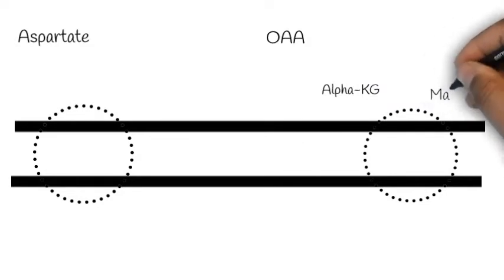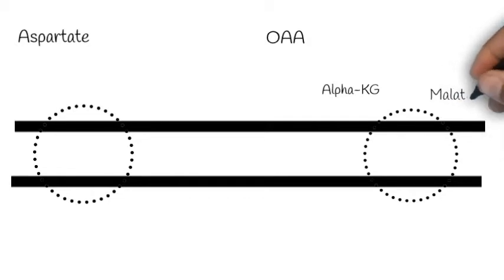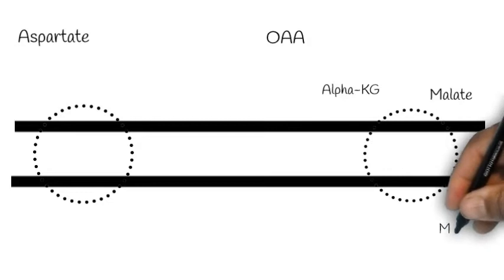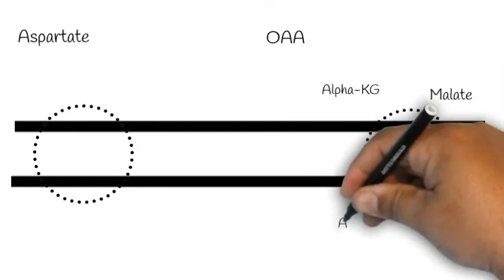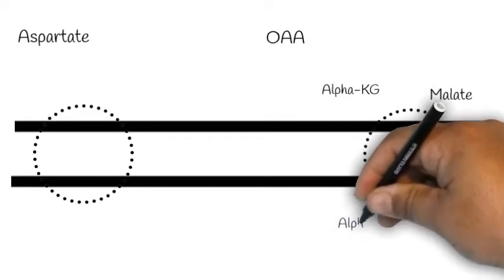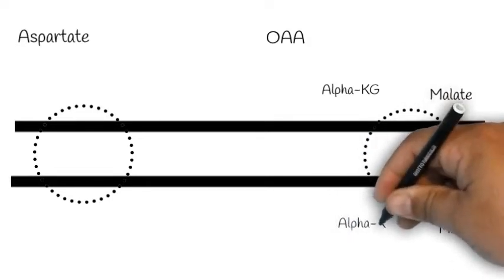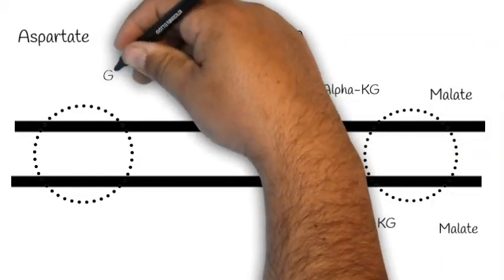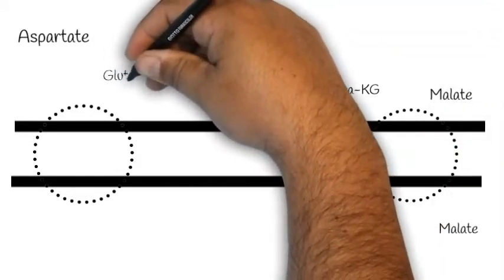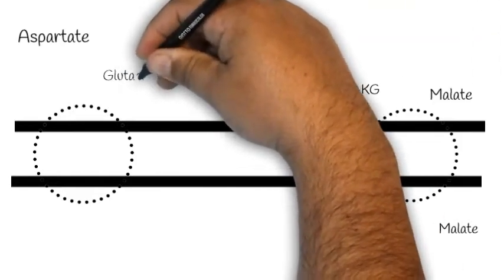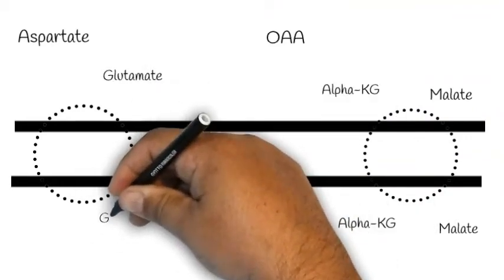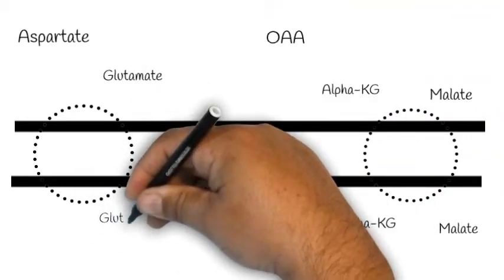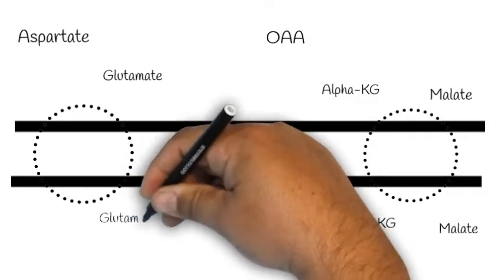So the cell does a very clever thing in that it uses this malate aspartate shuttle, and in the very first step, you'll see that the amino acid aspartate is converted to oxaloacetate, as you will see shortly.